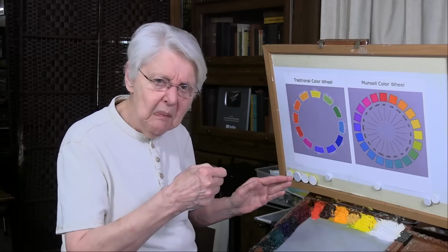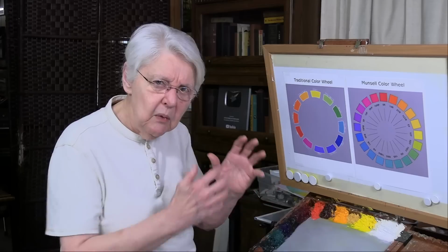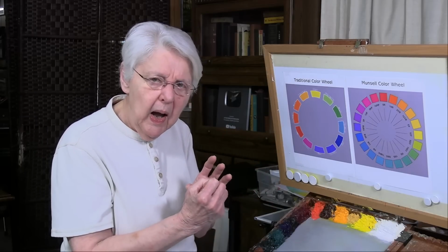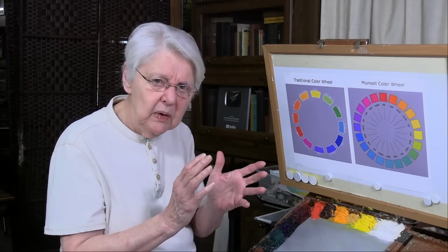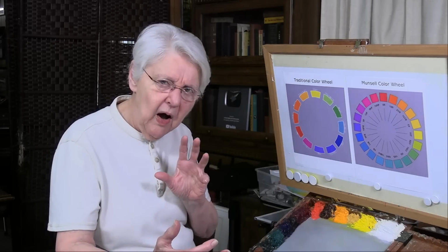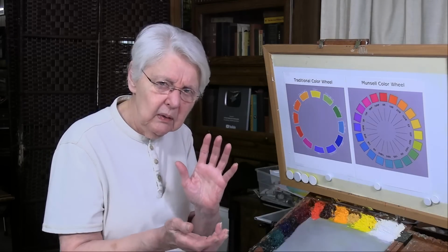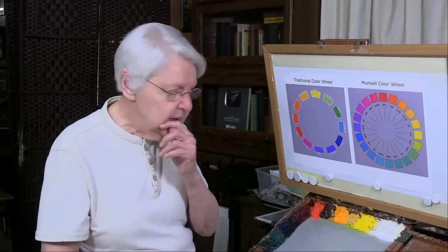We can mix that darker complement, the opposite, into it, and we can get that dark, and that works just fine to give us the value that we need. So we have the ability to use the dark complements to give us the values we need. Of course, we use white either way to get the lights we need.